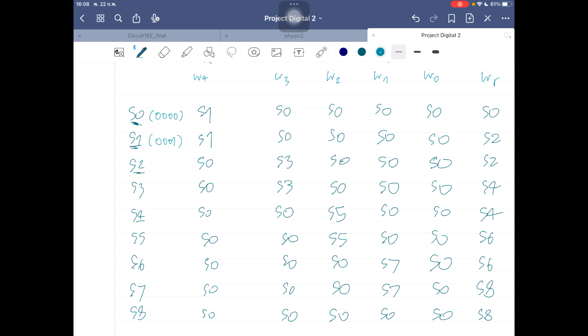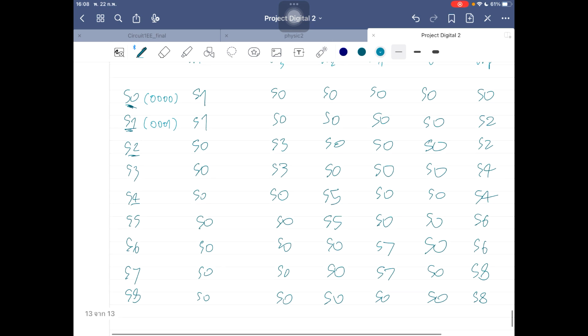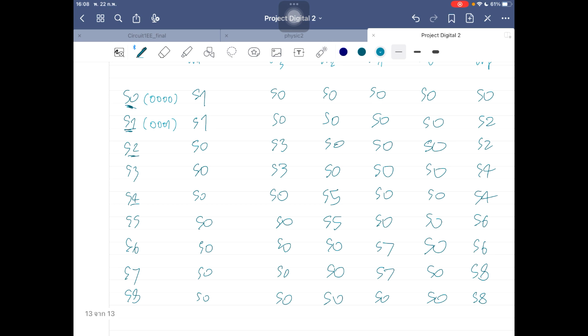Then when the process runs itself, they will plus 1 again, and they will plus 1 like this from the first to the last state.